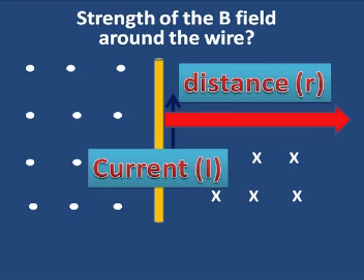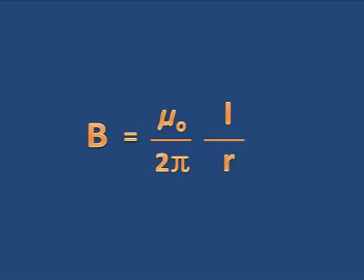So it would depend upon the distance, R in meters. And the formula is B equals mu naught over 2 pi, times I, which is the current in the wire over R. B is directly proportional to I, and inversely proportional to R. The farther I am away, the weaker the field is. Now we'll do questions in another clip.